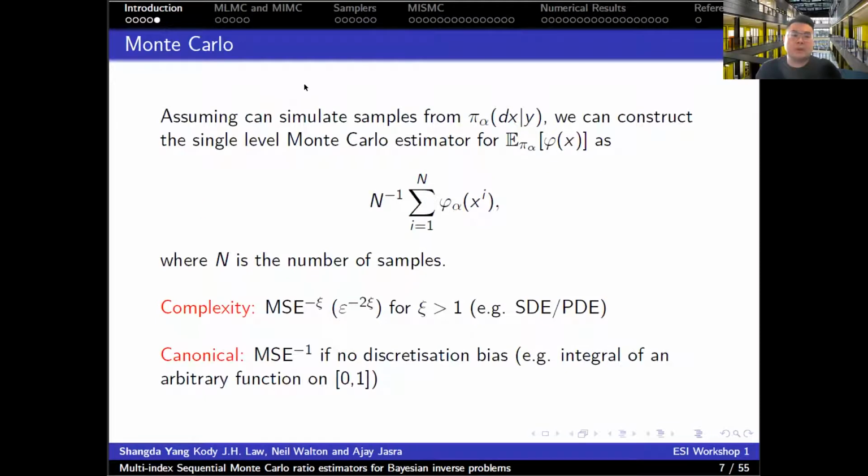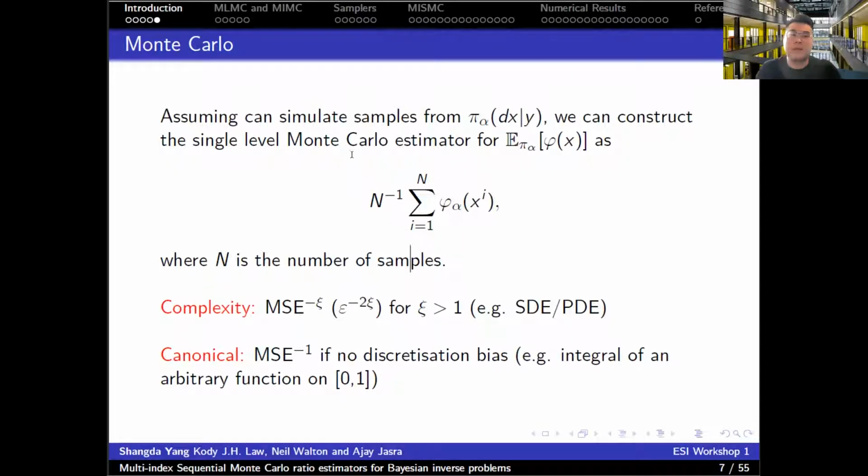Okay, so one standard method to solve the problem is the standard Monte Carlo estimation, where we assume we can simulate samples from this target distribution and construct a single level Monte Carlo estimator like this: N to the power of -1 times the summation of varphi alpha(x_i) from i equals 1 to capital N, where N is the number of samples.